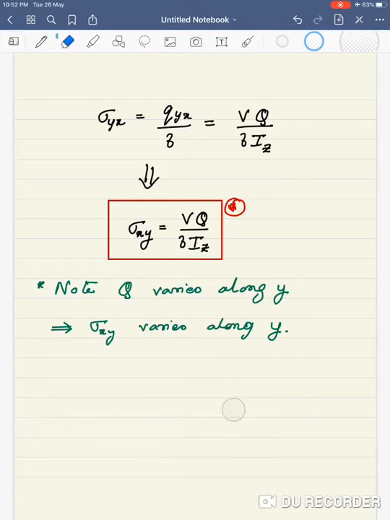Before I do this, there is one more final thing I just want to clarify. So this Q, and this will be helpful in some of your results, this Q is this integral of y dA over this area A1 that we had specified. And so this is the first moment of the shaded cross-sectional area with respect to the neutral axis.